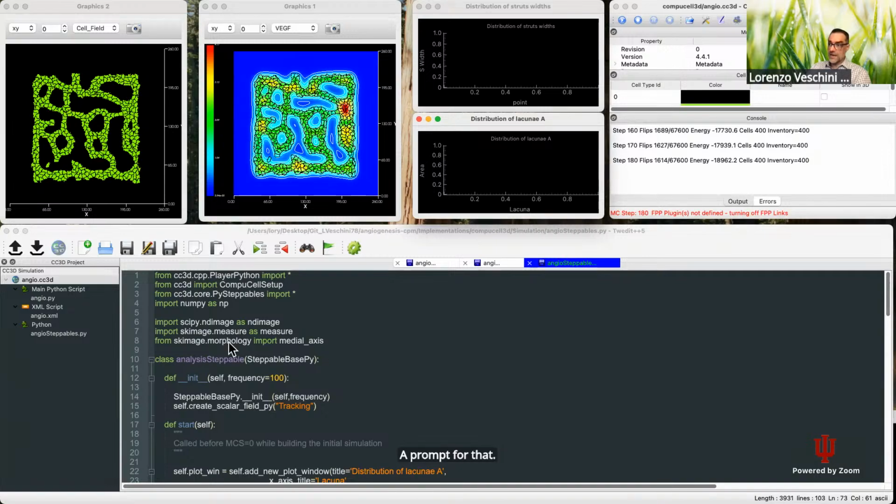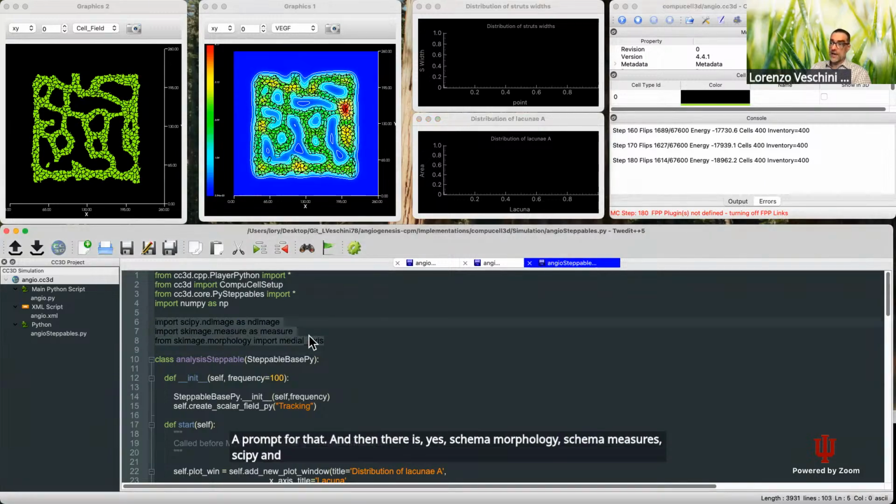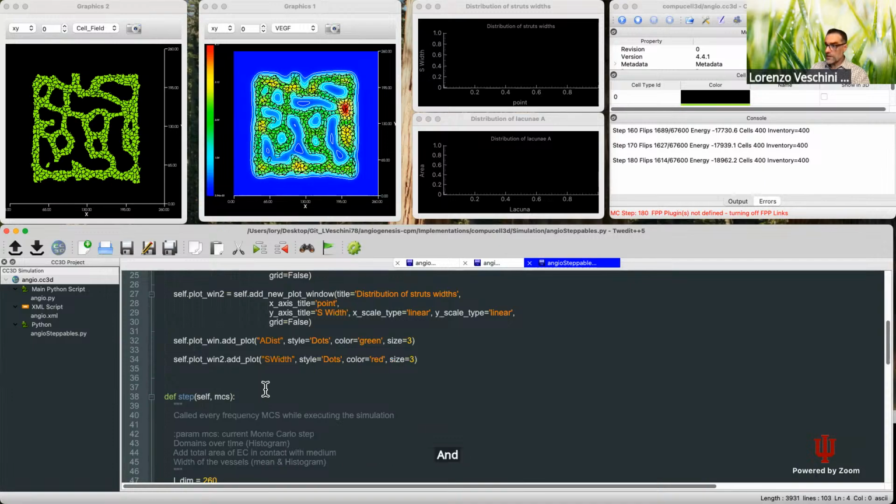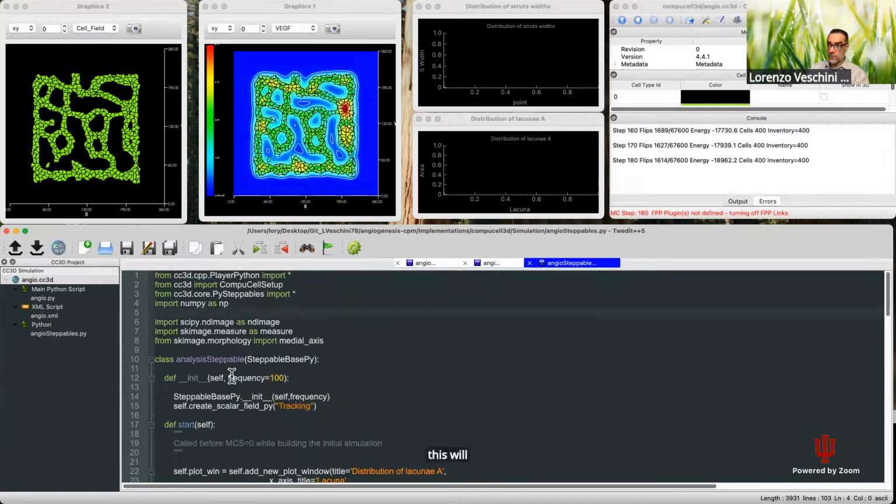And then there is, yes, scikit-image morphology, scikit-image measure, SciPy and imageio that are not in the standard installation that comes with CompuCell. And so this will fail if you try to run the example.